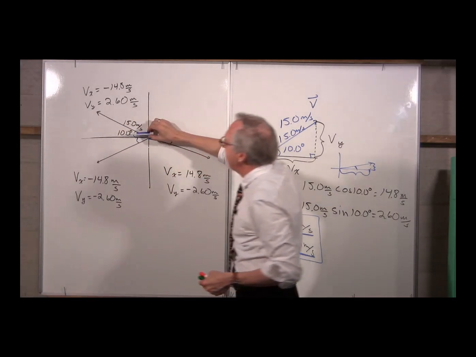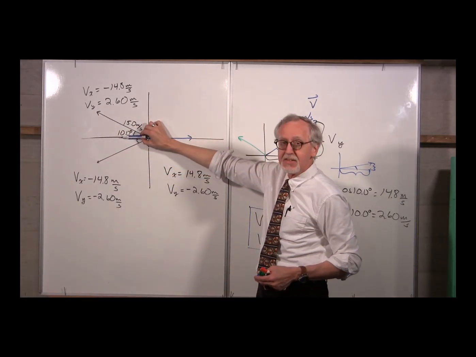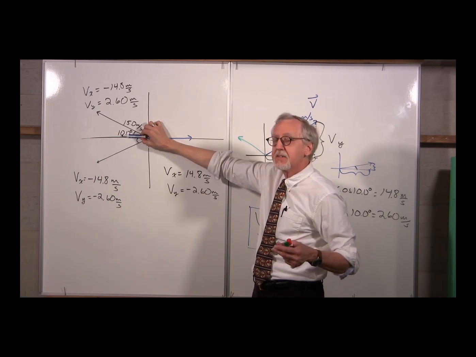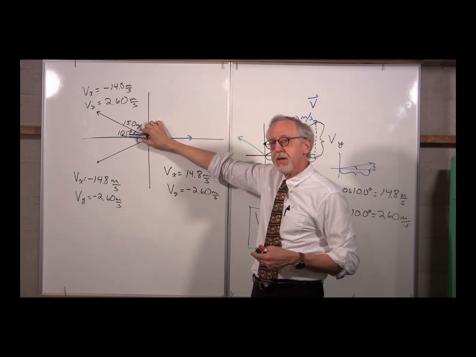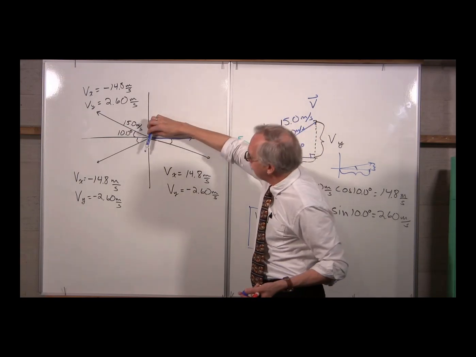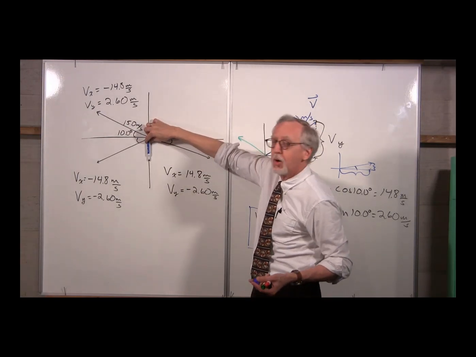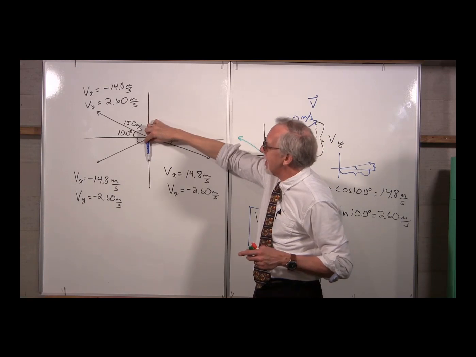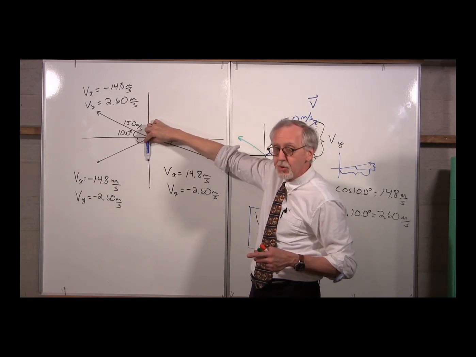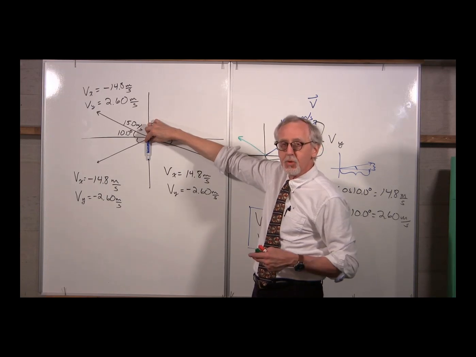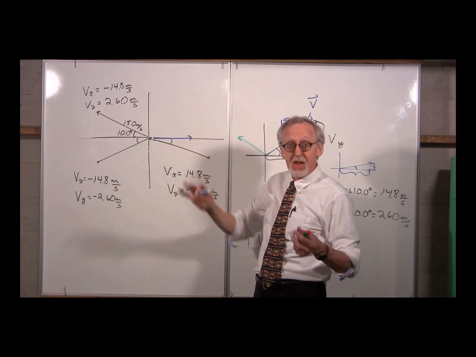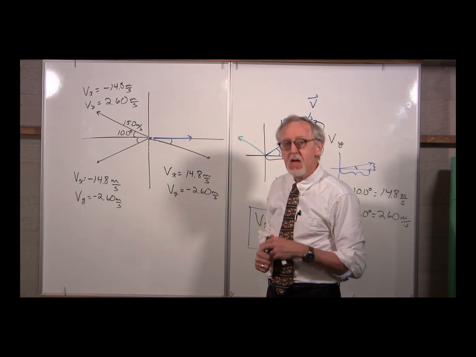If it pointed along the negative x-axis, what would the x component be? It would be negative. But what would the y component be? 0. If it pointed along the negative y-axis, what would the y component be? It would be negative, while the x component would be 0. There we go. Very, very good.